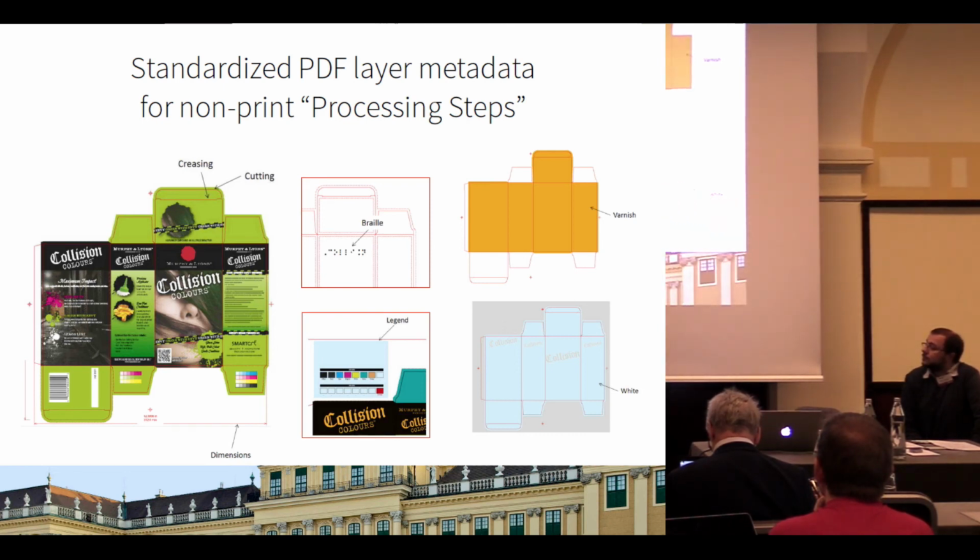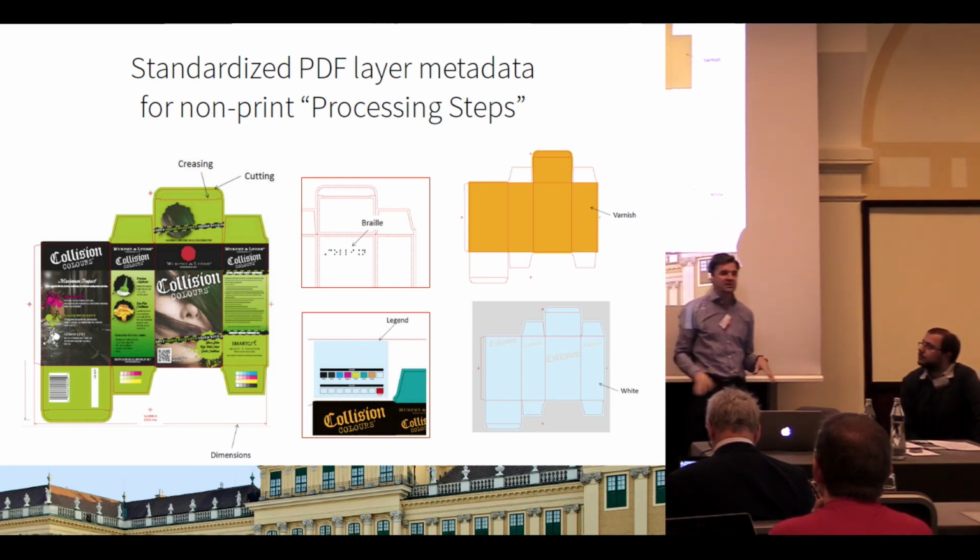There is a sample packaging, and usually what a prepress department would receive is not just the print stuff. There is additional stuff, so there is creasing information, cutting information, there are dimensions, or there is a legend somewhere, or there's braille information, or maybe varnish or white and several other things.